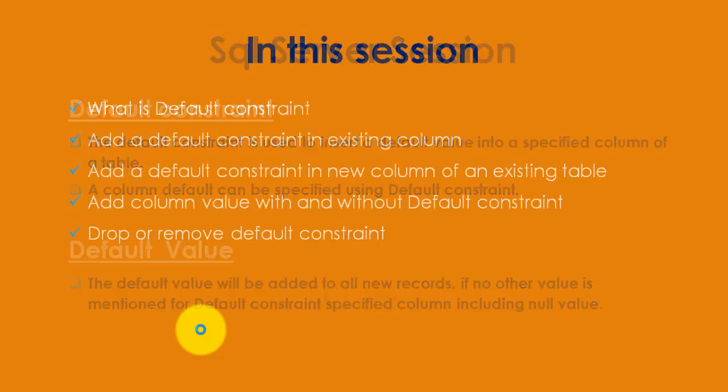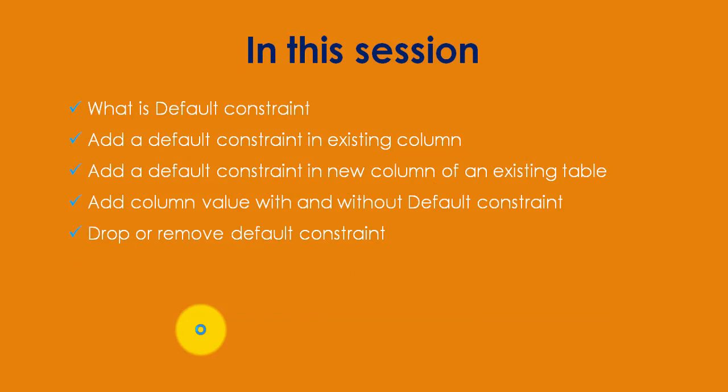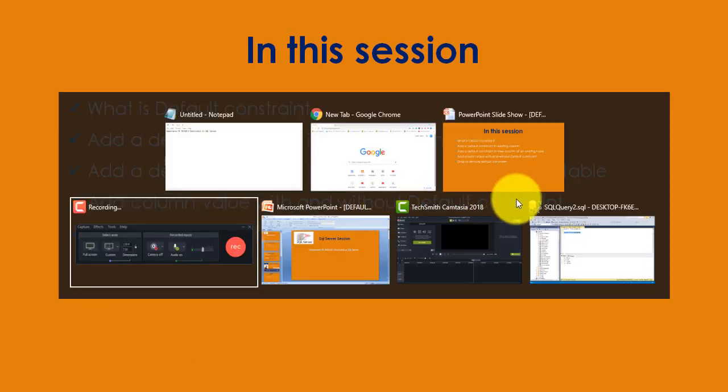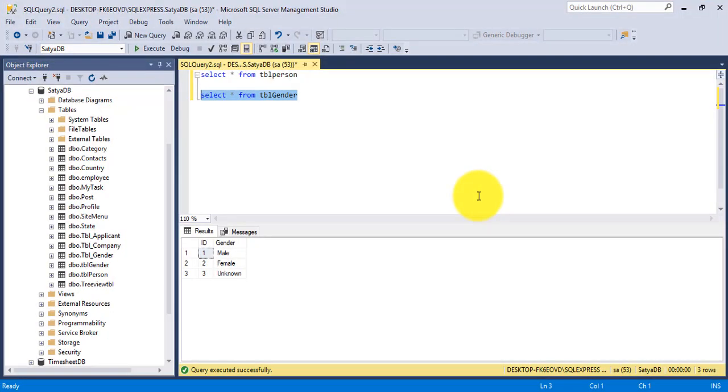The second point is how to add a default constraint to an existing column. So go to SQL Server. Before going through this session, visit my previous session on the relationship between primary key and foreign key.